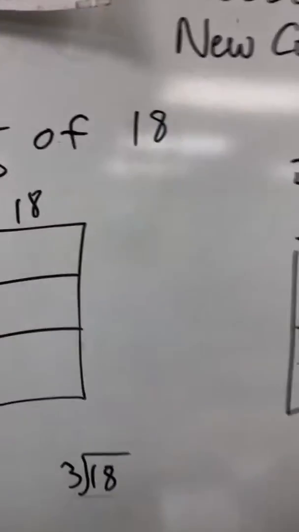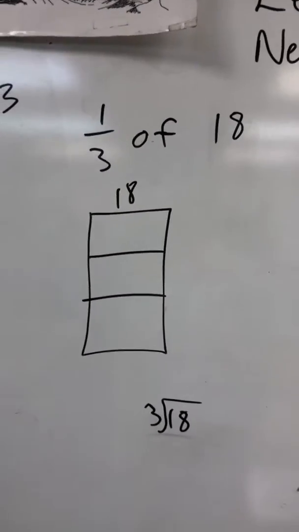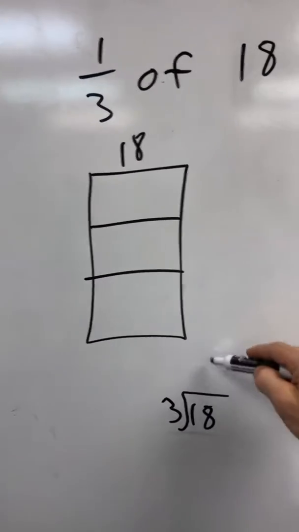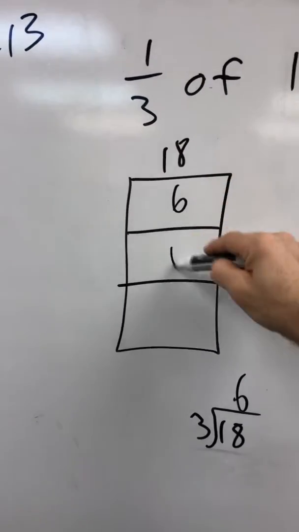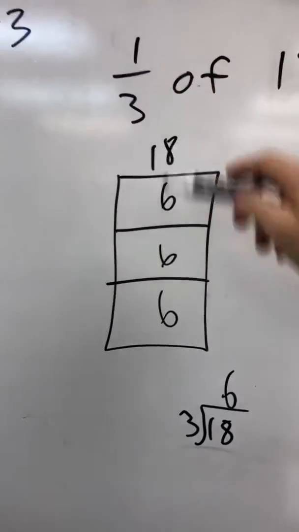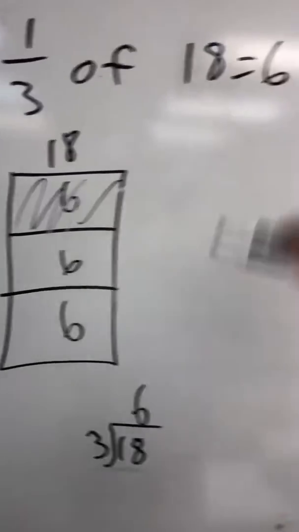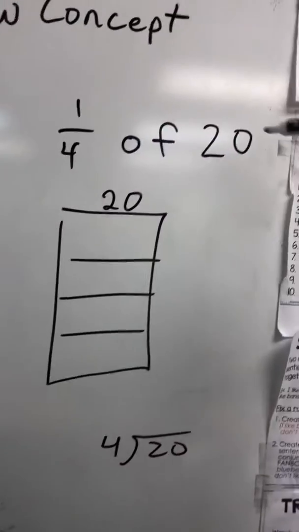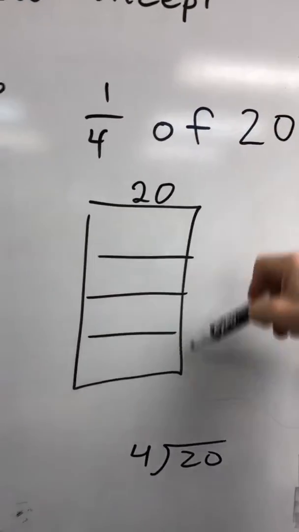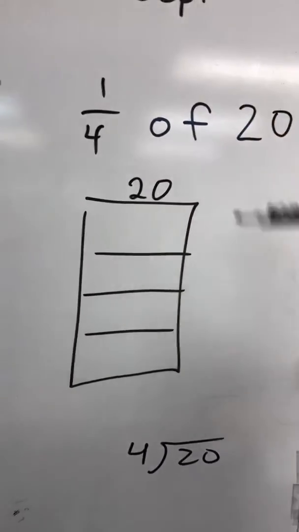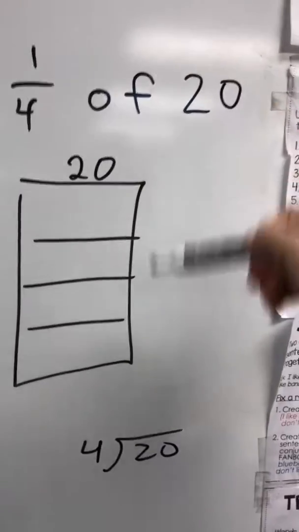Okay, do the same thing with 1/3 of 18. We know 18 divided by 3 is 6, so that makes each of these 6. If I just want 1/3 of it, we have just 6. 1/4 of 20, same thing. So 1/4 of 20, we divide it into 4 pieces. Got 20 on the top. And what does that give us? A division problem.